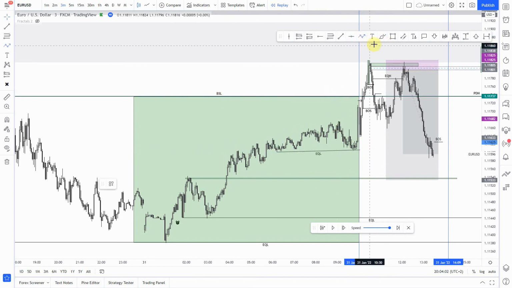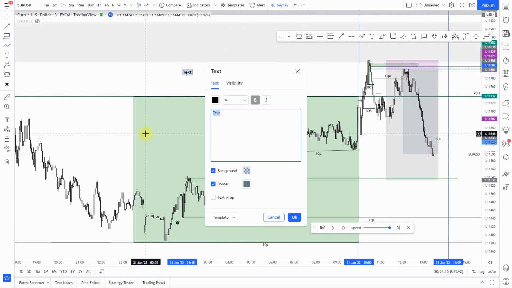We have seen the buy side liquidity being taken. Okay, this is very important. You see price taking the liquidity, number one. Let's perhaps write that down so that we make sure that we get the flow. So you want to see price taking out liquidity. Number two, you want to see price tapping into the order block or your area of interest.